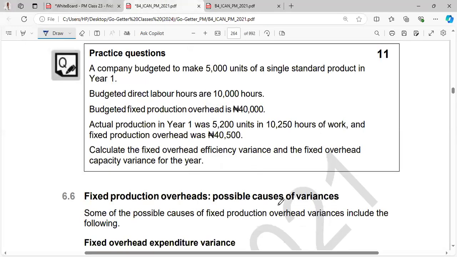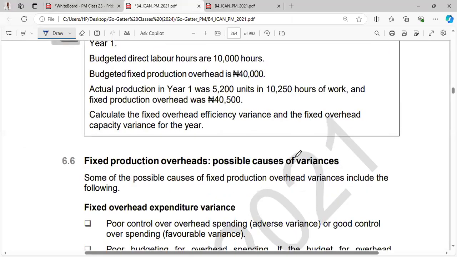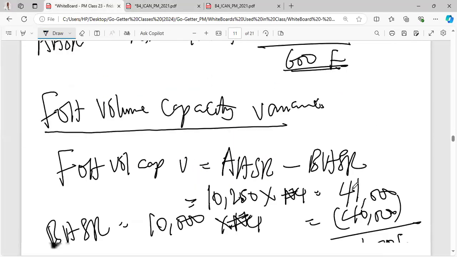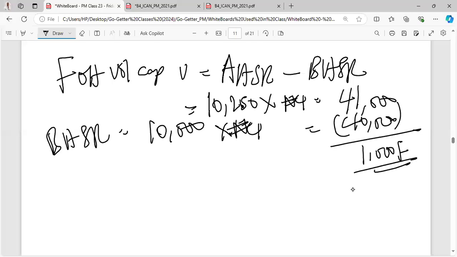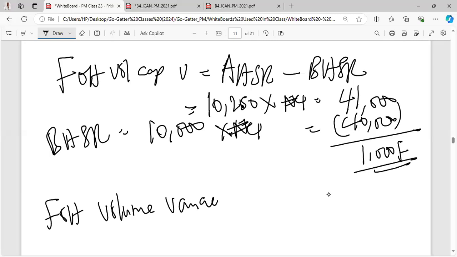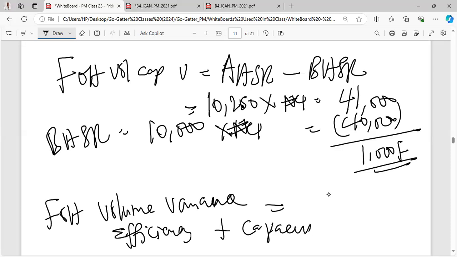So we see here that the snag will be in the fixed costs. So we need to practice that fixed cost very well. Now if you look at these two, that means your fixed overhead volume variance is the same thing as efficiency plus capacity.